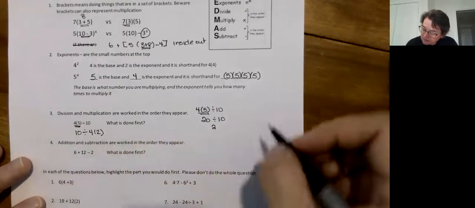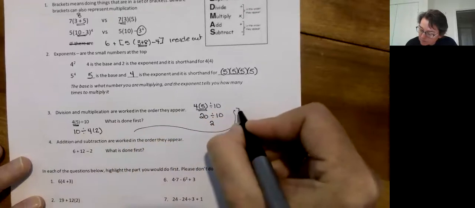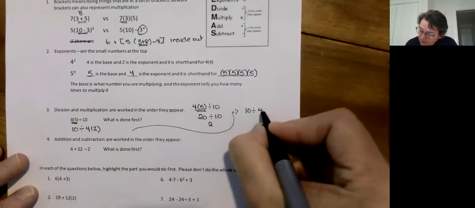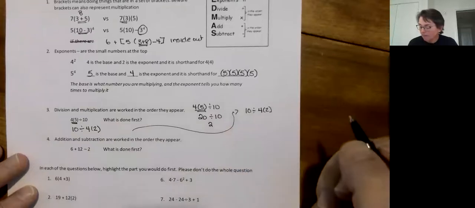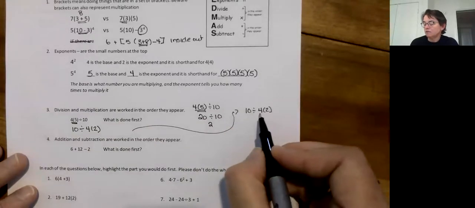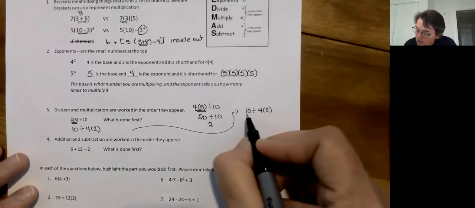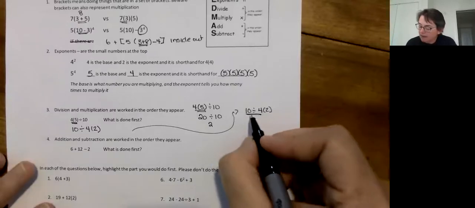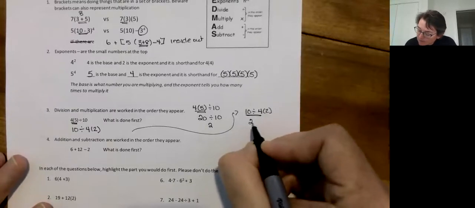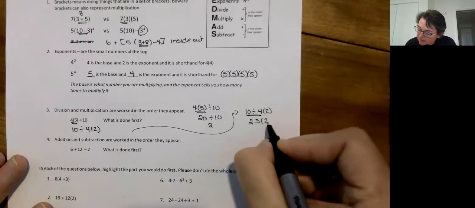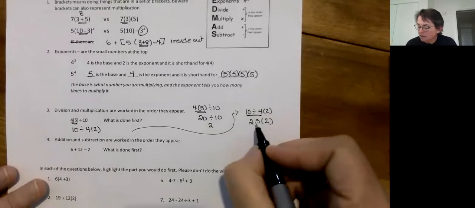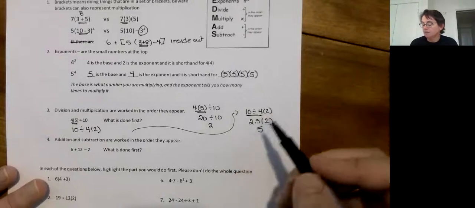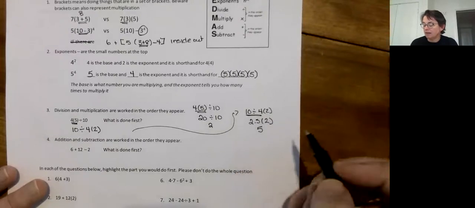On this one, we'll do it over here. So 10 divided by 4 times 2. Even though it looks like it'd be easier to do the 4 times 2 first, we always go left to right. So we would go 10 divided by 4, which is 2.5 times 2. And 2.5 times 2 is 5. And that's a very different answer than if you took 10 and divided it by 8.